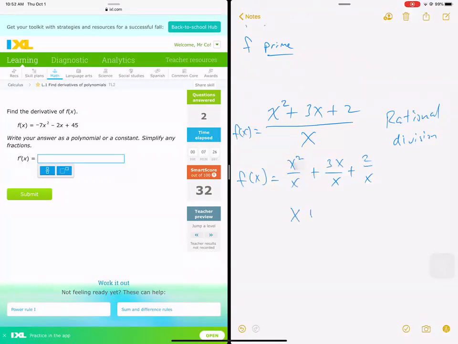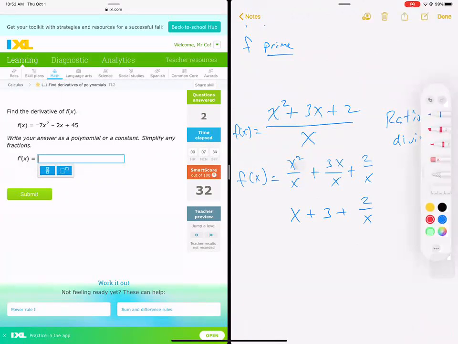So we're going to have x plus 3 plus 2 over x. But I'm going to rewrite 2 over x instead as 2x to the negative 1 power. That's not bad, right? 2x to the negative 1.